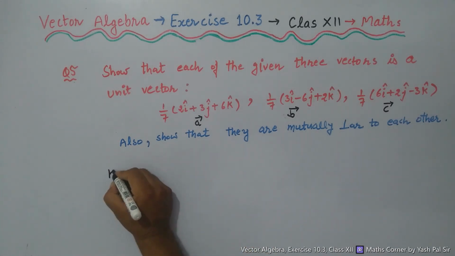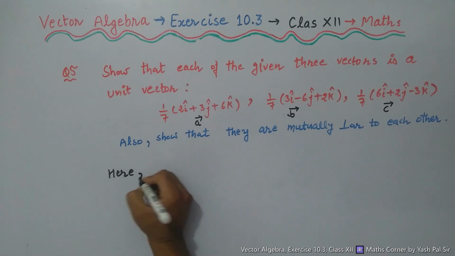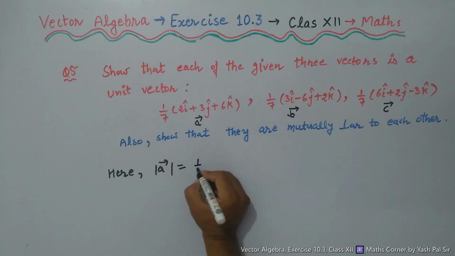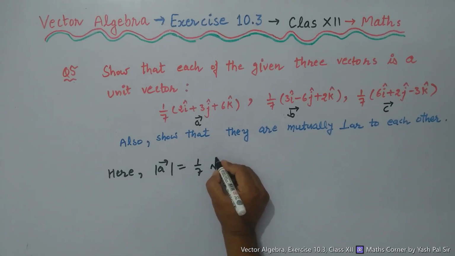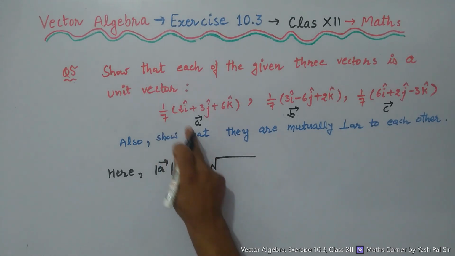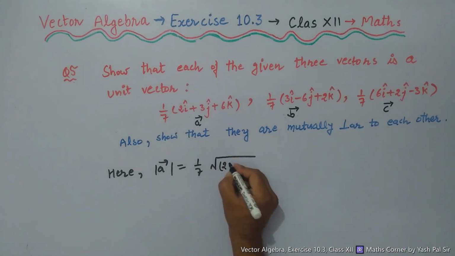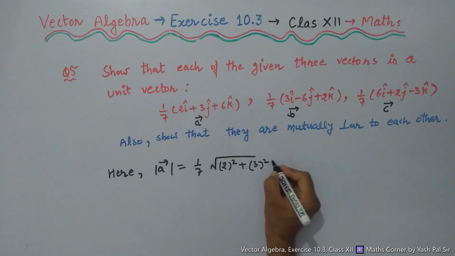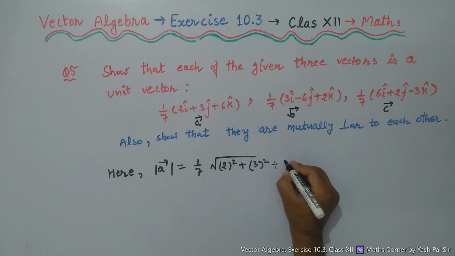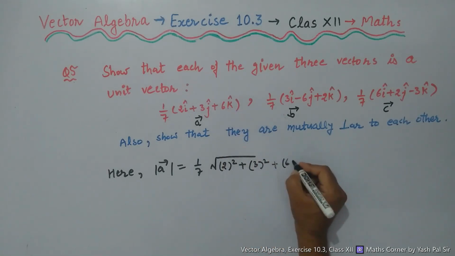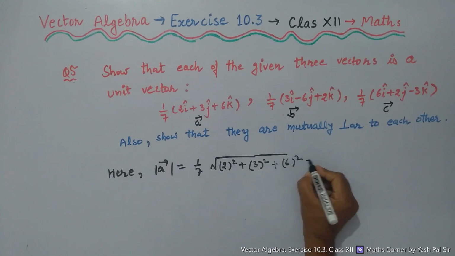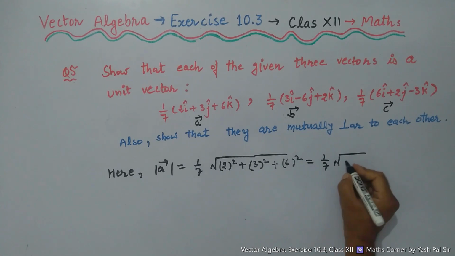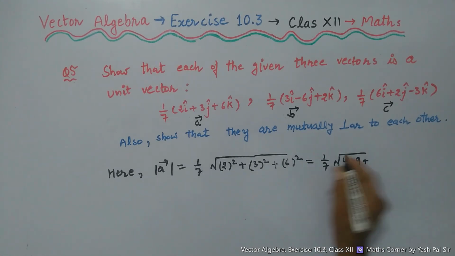So here the magnitude of vector A is equal to 1 upon 7, which is a constant, we take this outside. Coefficient of i is 2, its whole square, plus coefficient of j is 3, its whole square, plus coefficient of k is 6, its whole square. So this becomes 1 upon 7 into square root of 4 plus 9 plus 36.